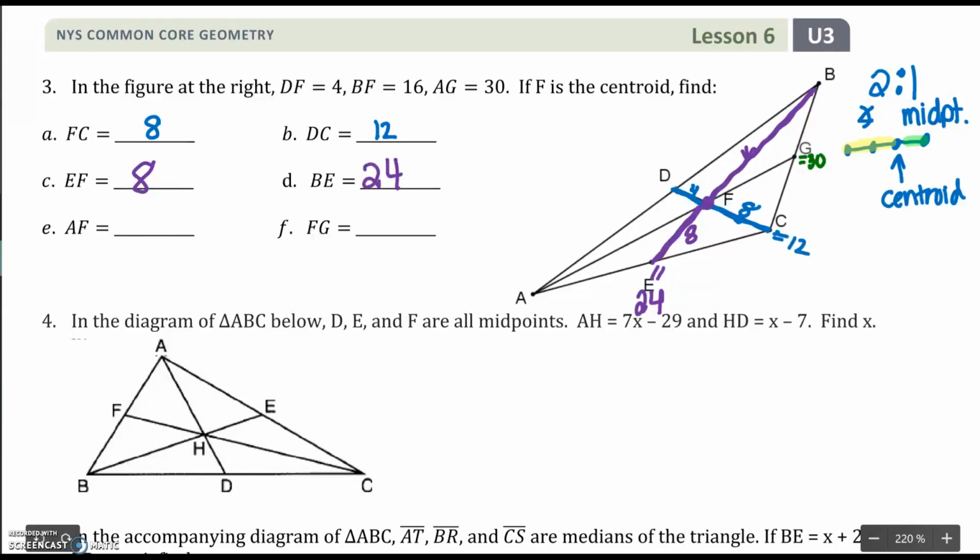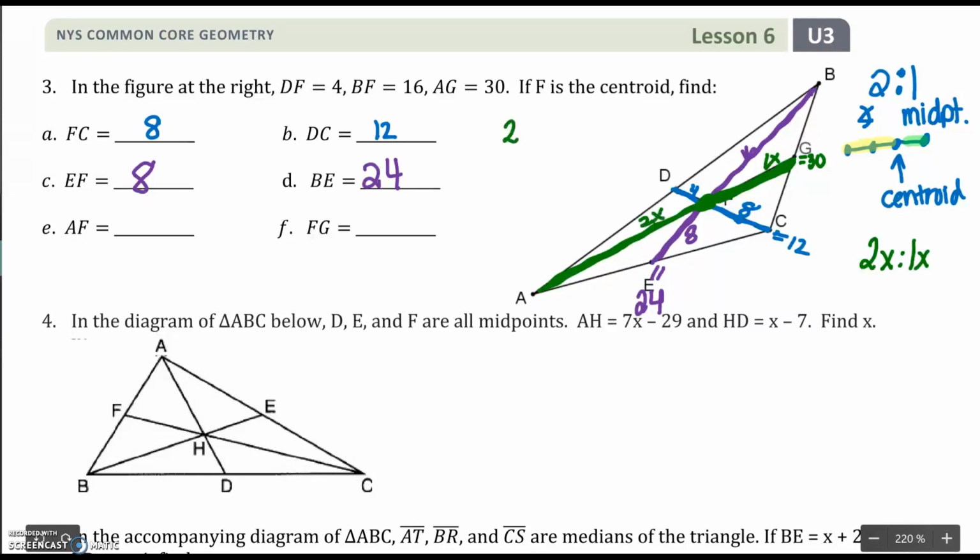And then finally, if you look at the AG, this is where things are a little different. Instead of having the individual pieces, you have the entire length of AG is 30. And then remember, what we can do with a ratio is we can make that 2x and 1x. So the smaller portion closer to the midpoint would be 1x, and the larger portion closer to the angle would be 2x.